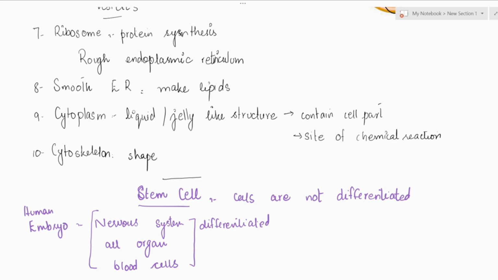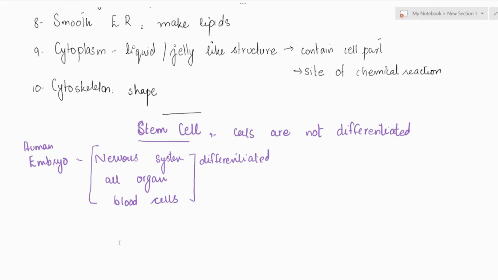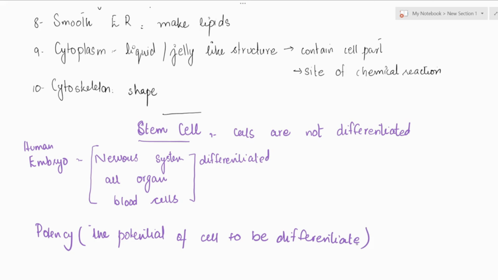Potency means the potential of a cell to be differentiated. We use stem cells in treatment a lot nowadays, because we believe that if we take a stem cell and give it specialized conditions, that cell can develop into some specialized cell.